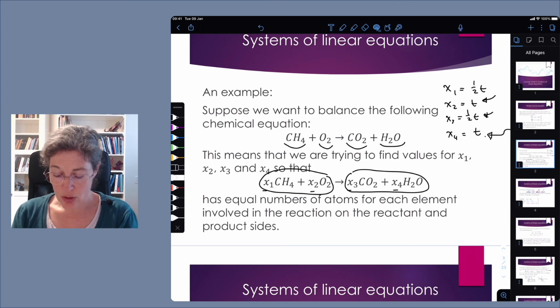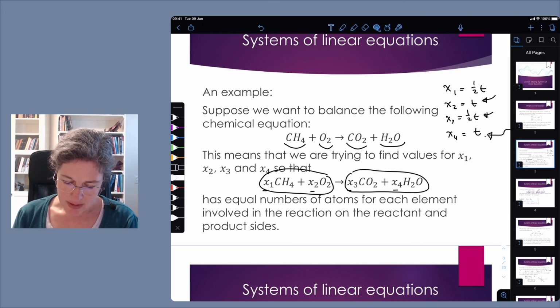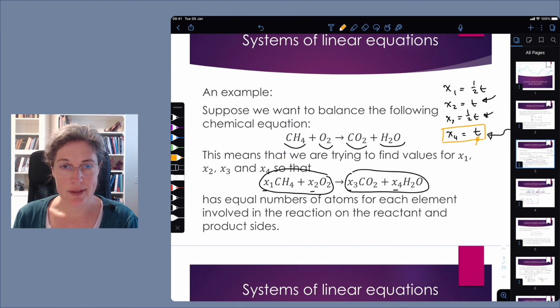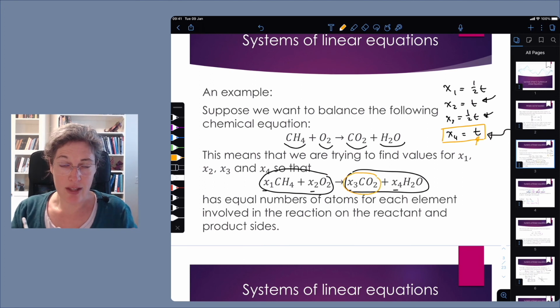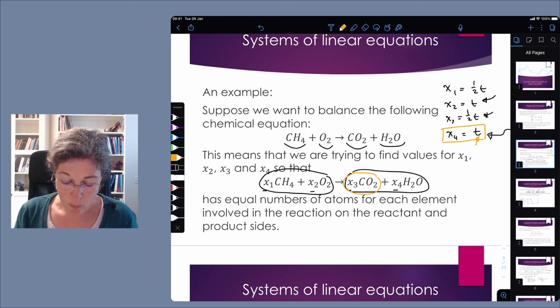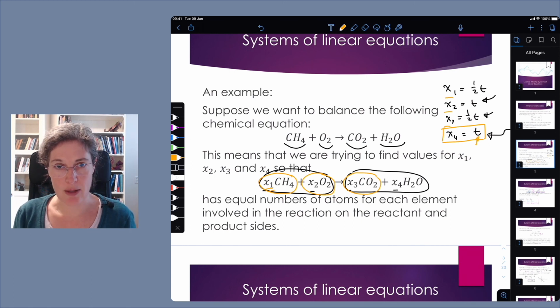So what our solution is telling us is that if we pick a value for x4, maybe, I don't know, 6 kilograms, from there we know exactly how much CO2 we're going to have, and if we're thinking about when we're creating stuff, we know exactly how much methane and how much oxygen we have to have, because we can work out the corresponding values of x1, x2, and x3.